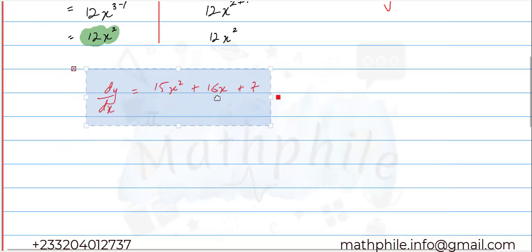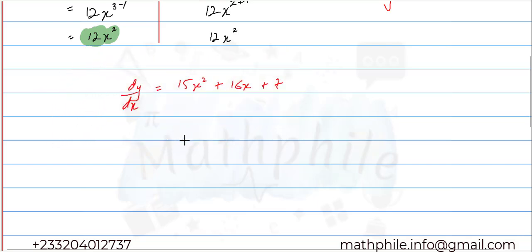Now, normally, in the introductory part of integration, questions will be posed this way. Given that dy/dx is equal to some function, we'll be told to find y in terms of x, or just find y. So the solution process is straightforward. We realized previously that to undo the differentiation, we add 1 to the exponent and divide by the new exponent. So that's how we're going to start off.